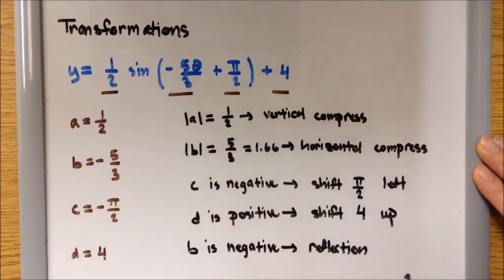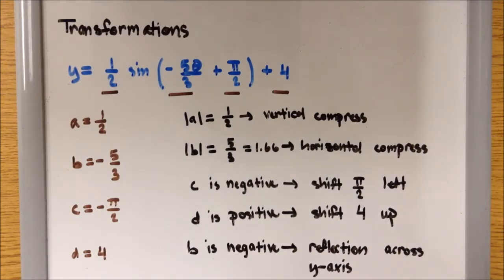Since the negative is on the B value, it's a reflection across the y-axis. So if there's a negative sign on the B value, just like that one right there, then it's going to be a reflection across the y-axis.